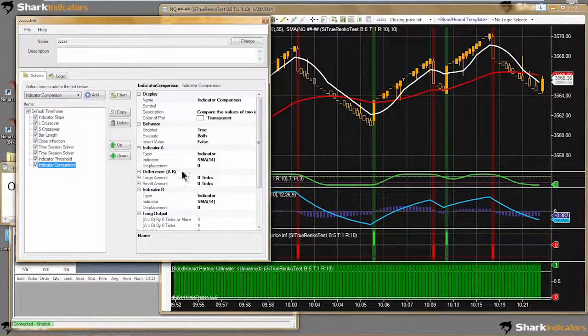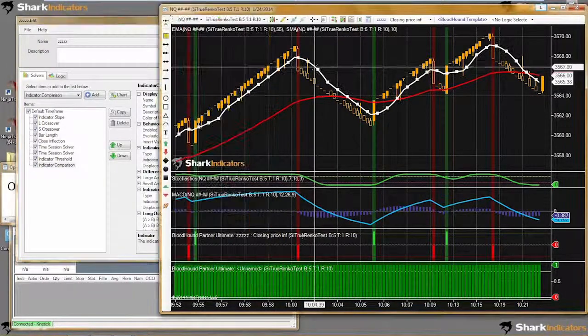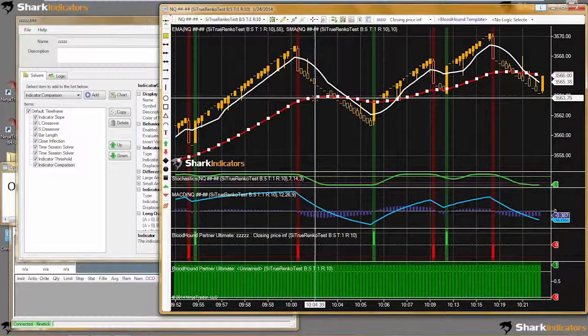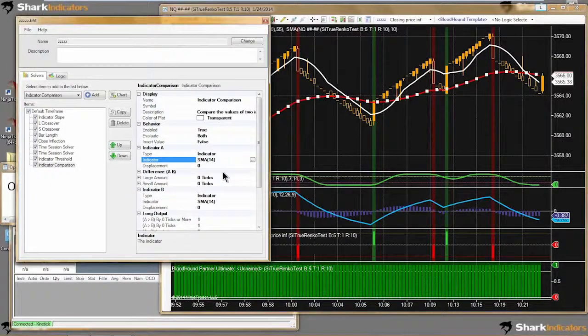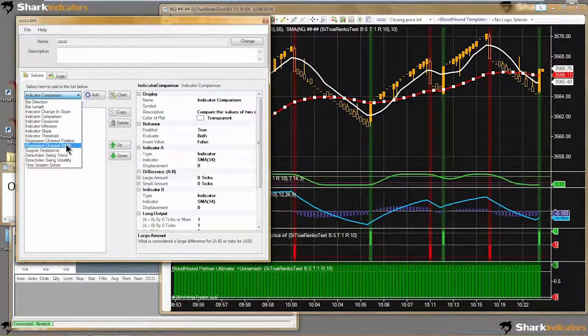So with this comparison solver, you're essentially taking the value from the white moving average and comparing it to the red moving average, for example, and you're just seeing if one is above or below the other, and you can say by so many ticks. Once again, that's a very simple calculation, and all these solvers are doing relatively simple calculations.